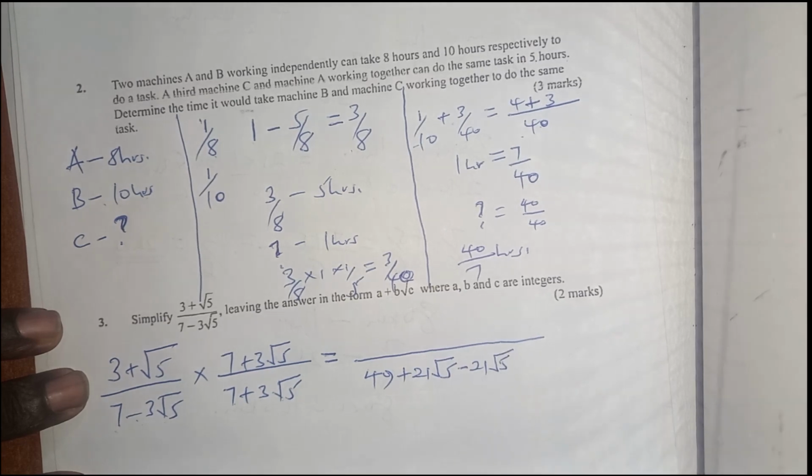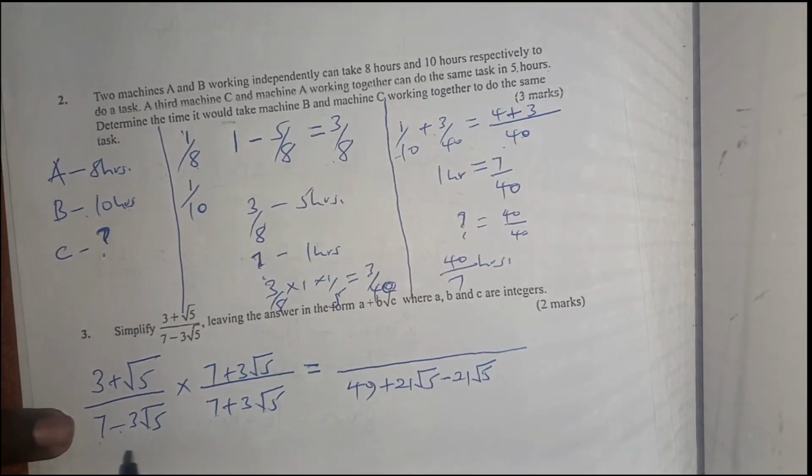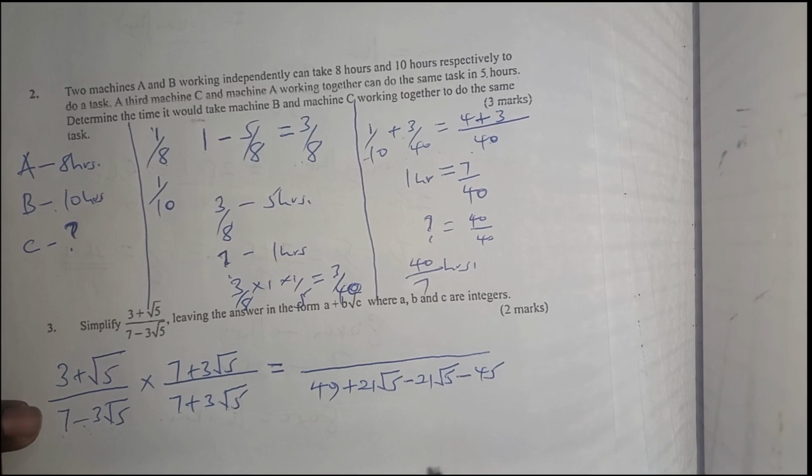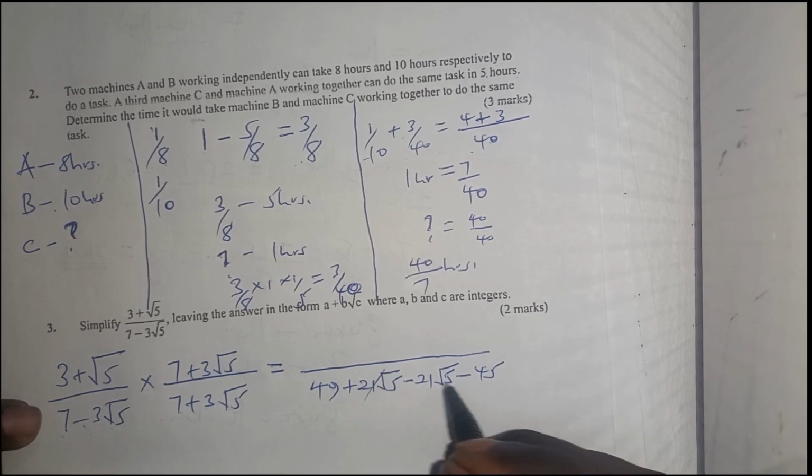So always when you find the conjugate, something is going to cancel out. Then we have minus 3 root 5 multiplied by plus 3 root 5, which is minus 9 times 5, that's minus 45. So this and this will cancel. We're going to be left with 49 minus 45. That's going to be 4.